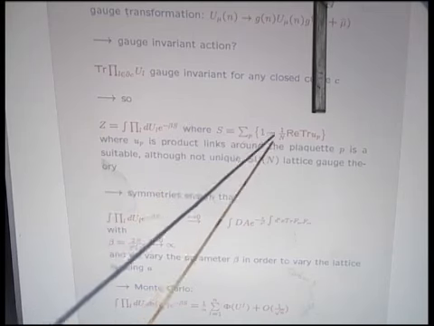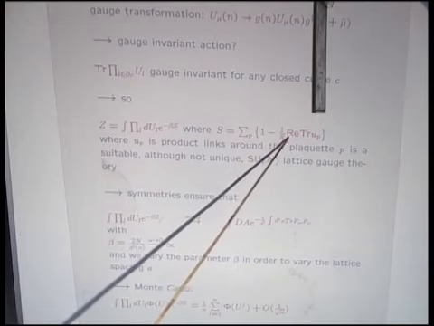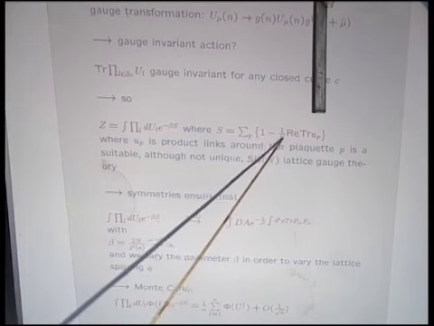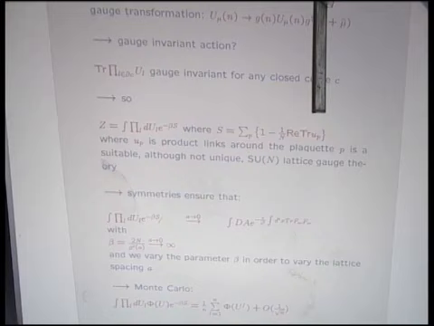But the reason it's conventional to use this constant is that the maximum value of this object is 1, and therefore the minimum value of this action is 0. It's non-negative. It's greater than or equal to 0.